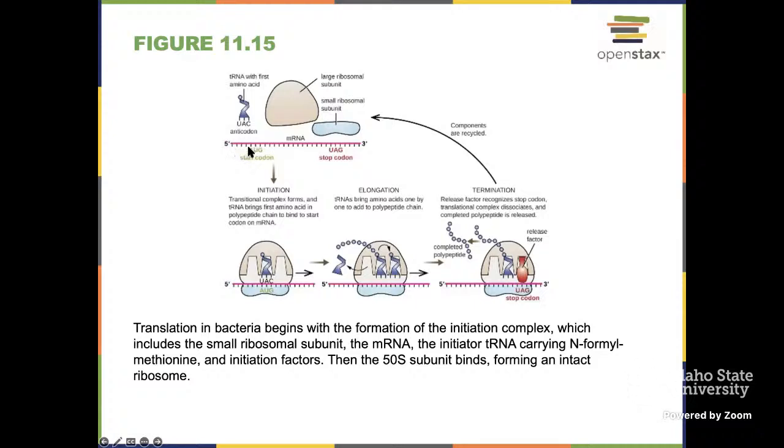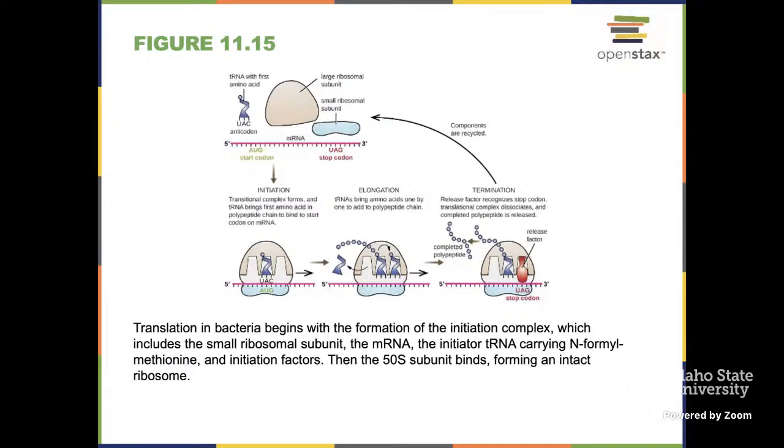A little bit downstream from our 5' end is the start codon, AUG. As our first tRNA recognizes this, there's going to be binding between the anticodon and the codon, bringing in this first amino acid. We talked about methionine as the first amino acid.